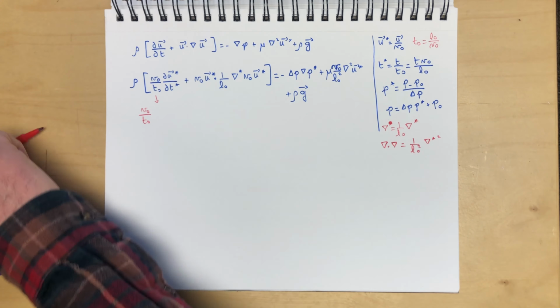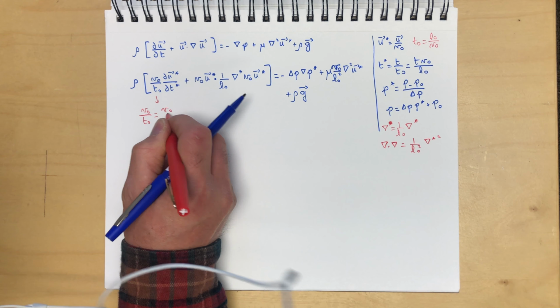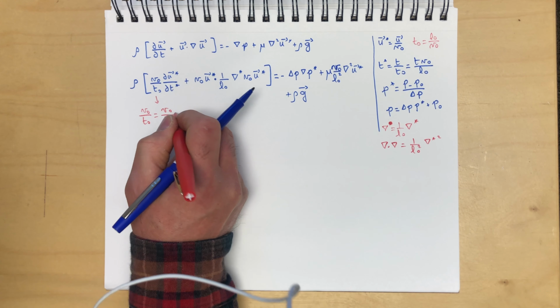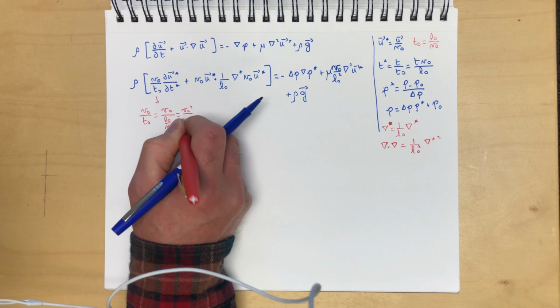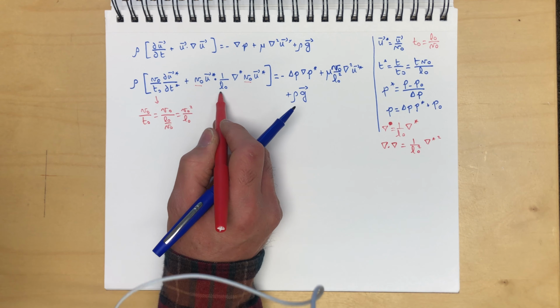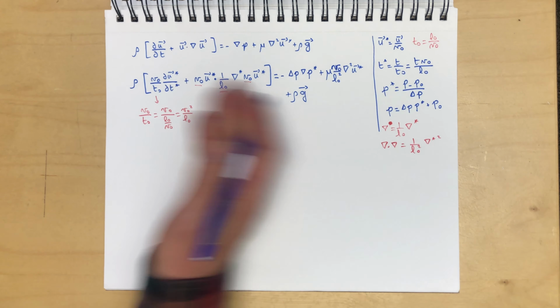So we have V0 over L0 over V0, and that's V0 squared over L0. Now over here you have V0, that's V0 squared over L0, then they all factor out.